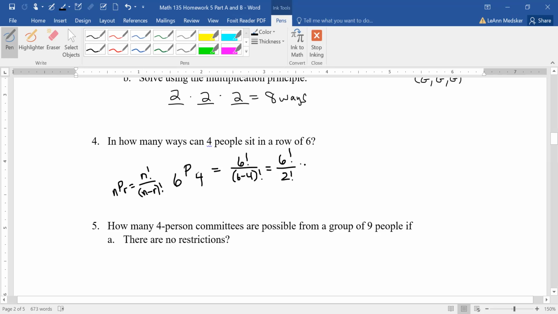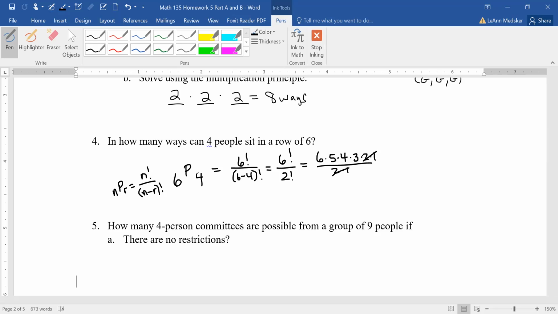Remember, a factorial is the multiplication from that number all the way down to 1. I could have stopped here, but seeing the expansion sometimes helps. So we're doing 6 times 5 times 4 times 3, which is 360 ways.